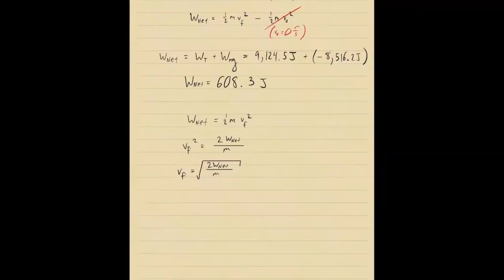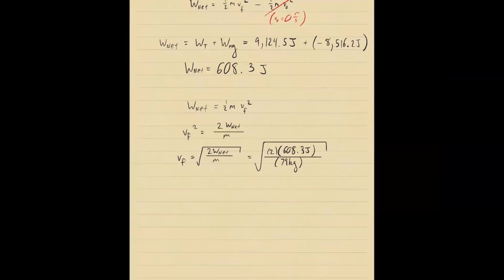So now we've just got to plug some stuff in. This is the square root of 2 times the net work, which we calculated to be 608.3 joules worth of work, and then the mass of the person, 79 kilograms, and all this is under the square root.